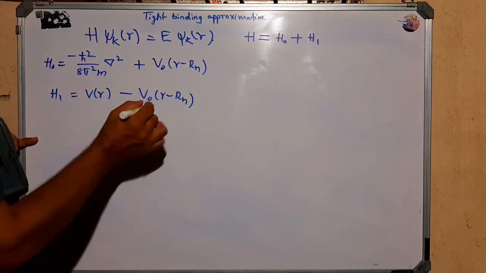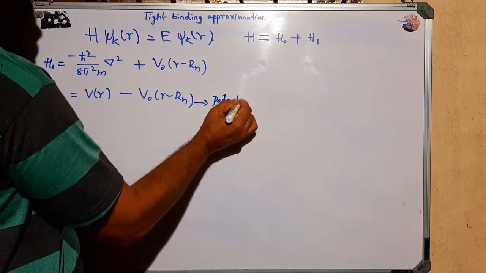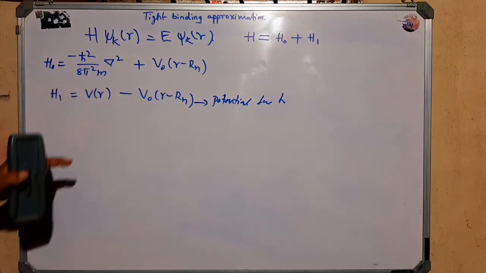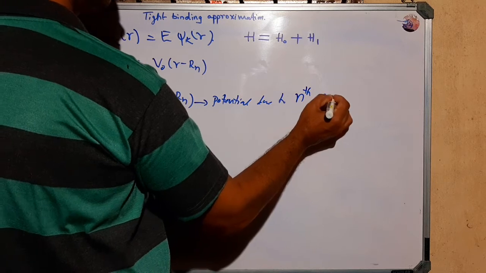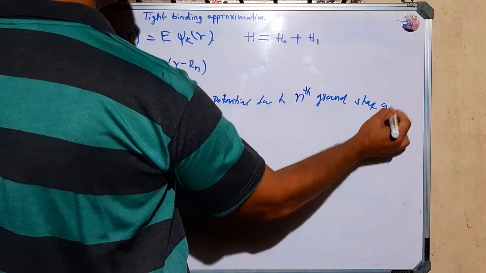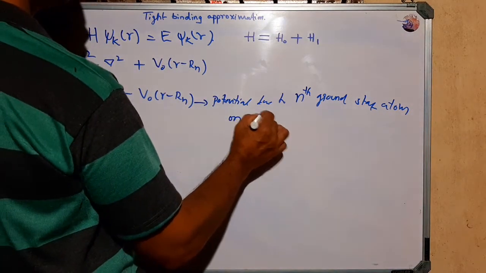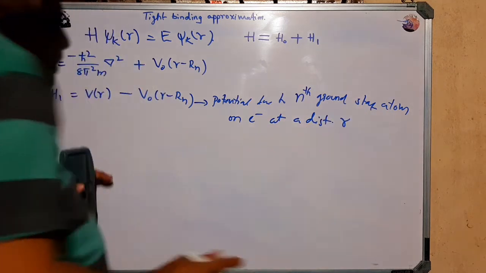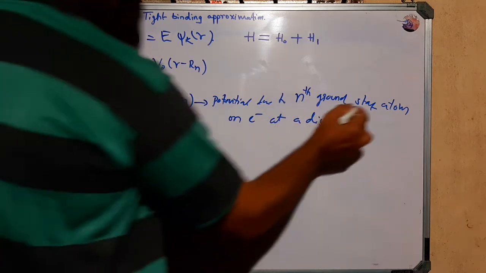It is nothing but the potential due to the nth ground state atom on an electron at a distance r. That means you have to consider the nth atom which is in the ground state.